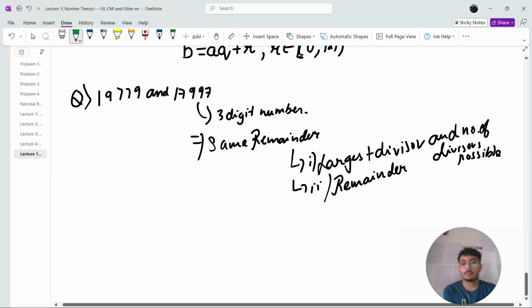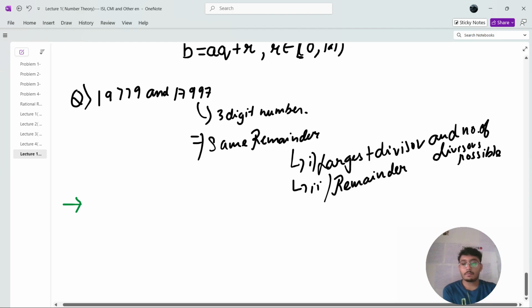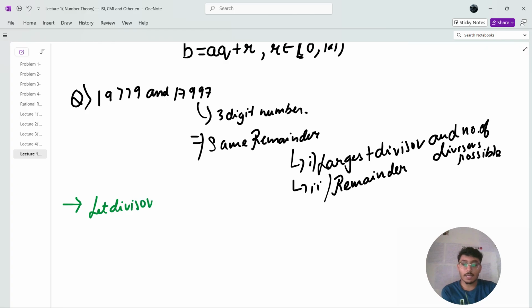And to solve it, let the divisor be d and the remainder be r.